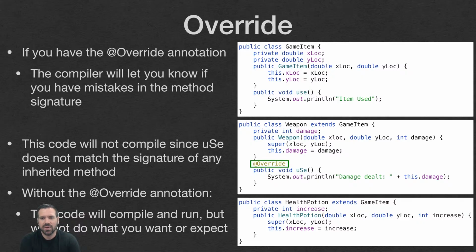Without the annotation, what you get are two methods, the method that you inherited named use with a lowercase s, and the new method that you created, use with a capital S. And when you call this method, assuming you don't make the same typo, you're going to call use and just get item used and not get the damaging behavior of your weapon. And the program will just run. It'll be fine. Java's not going to be mad at you because that's something you can do.